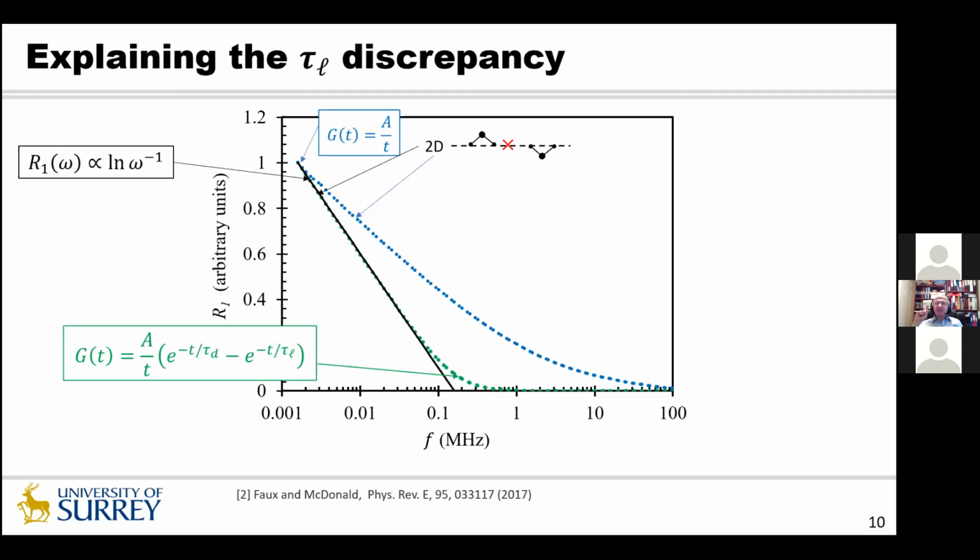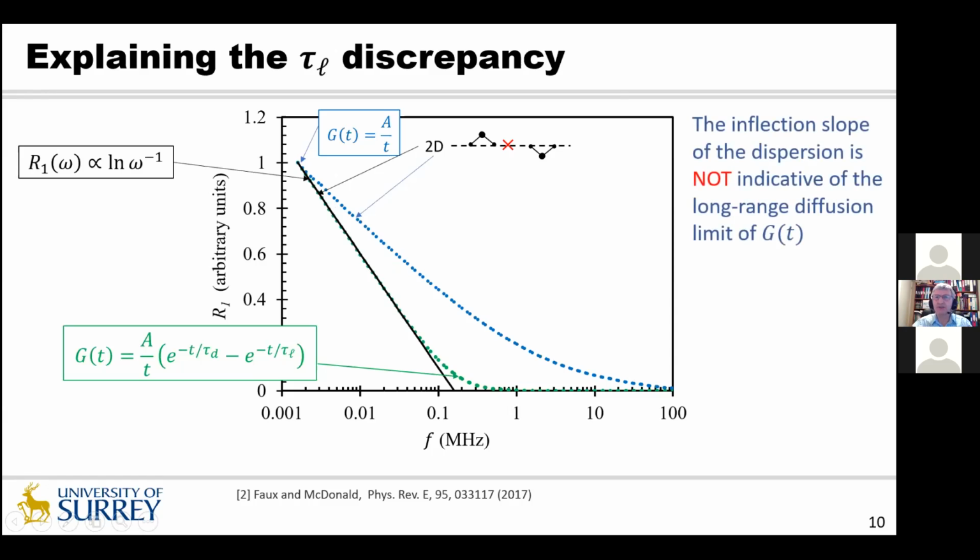So what this is saying, and this is a really important point, is that the long time behavior of a diffusing system, whether it's in 1D, 2D, or 3D, is not represented by the gradient of the curve that you see in your dispersion measurements.